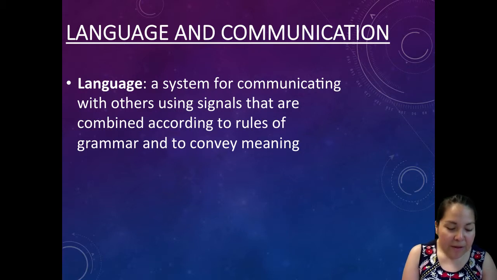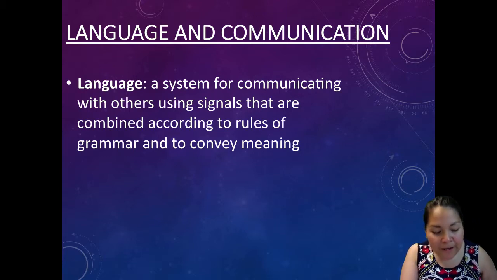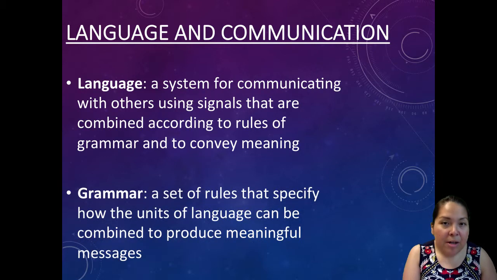We can refer to intangible things such as a unicorn or democracy. And lastly, we can use language to name, categorize, and describe things when we think, which influences how information is organized in our brain.